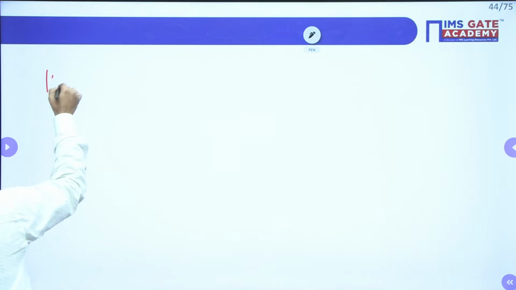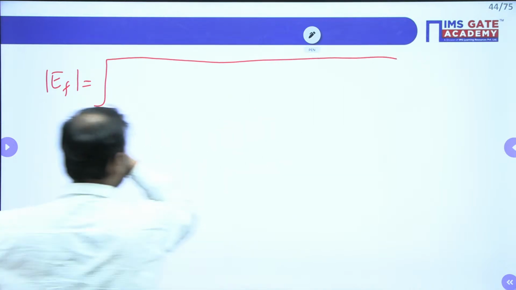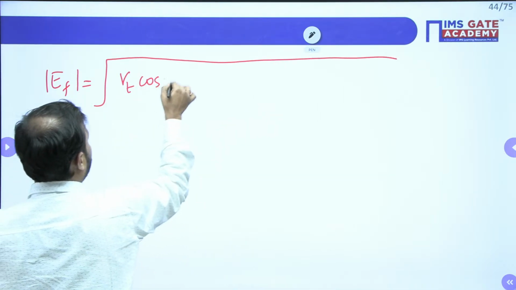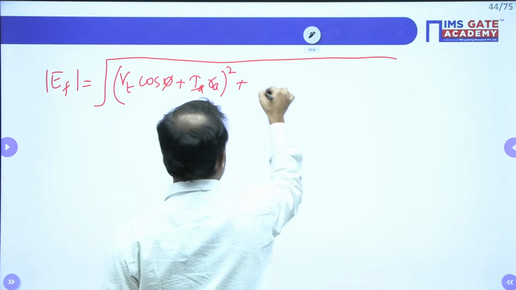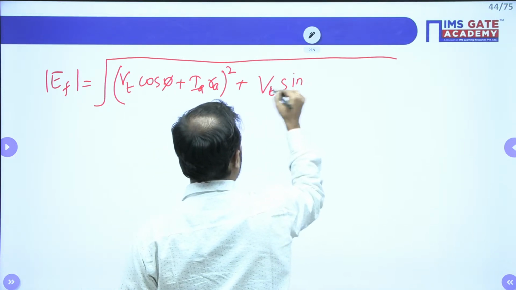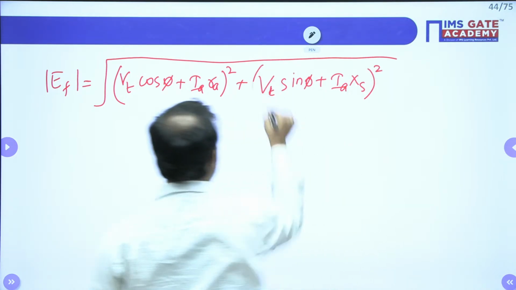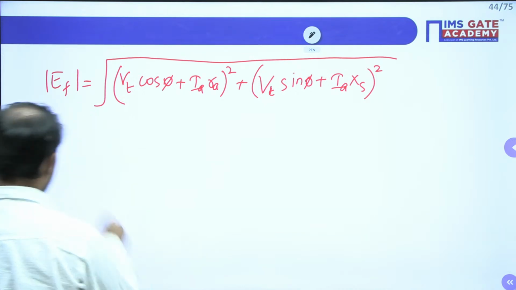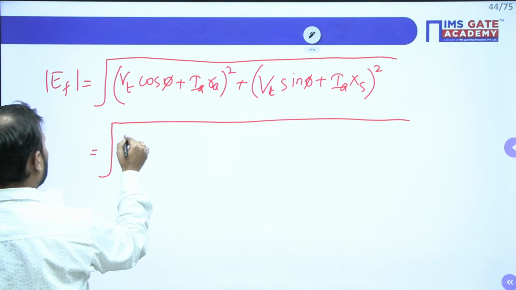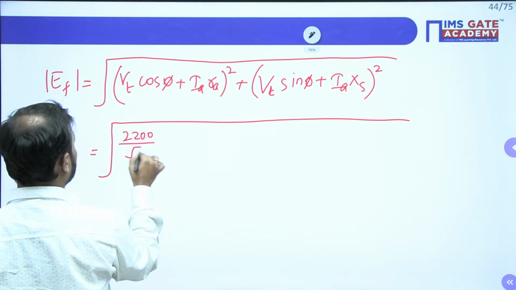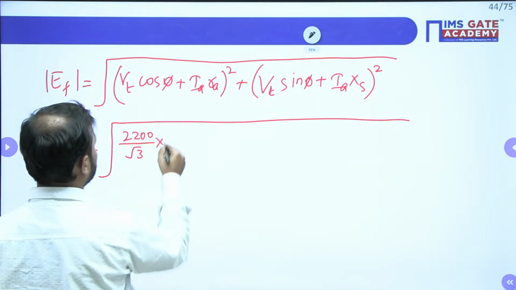We need to calculate the magnitude of EF. So we have a generalized expression in the case of a generator: EF equals the root of (VT cos phi plus IA RA) whole square plus (VT sin phi plus IA XS) whole square. VT is given as 2200 by root 3. Cos phi is 0.8.